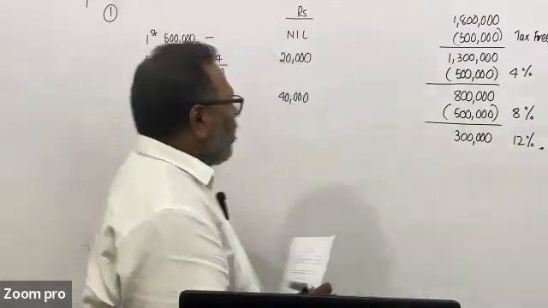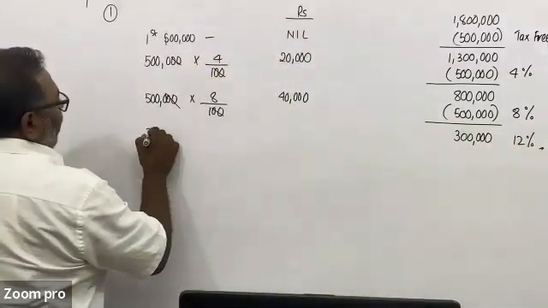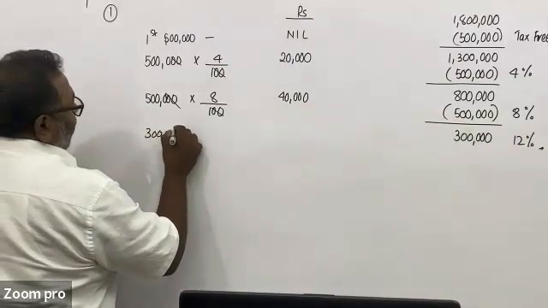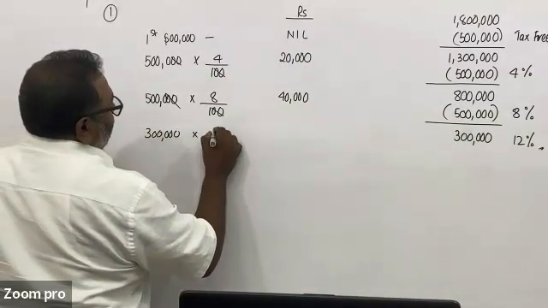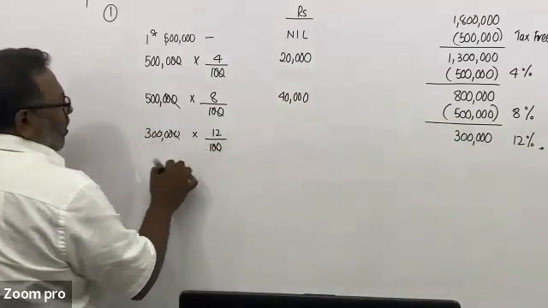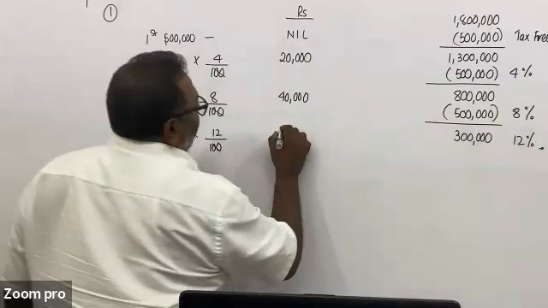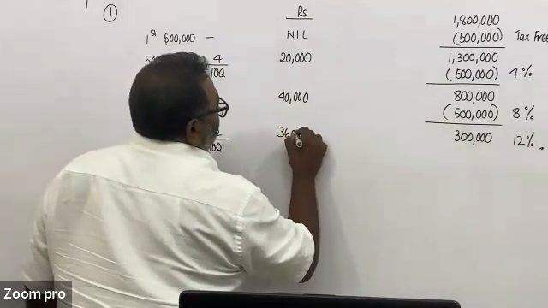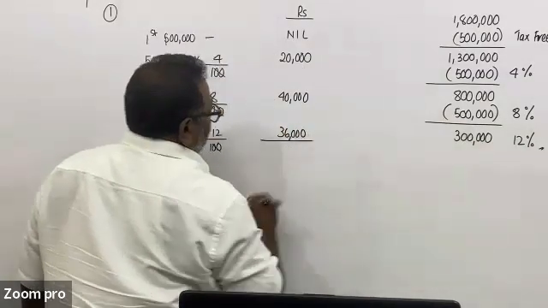So 300,000 into 12%. Two zeros cancel. 3,000 into 12, 36,000. Right?